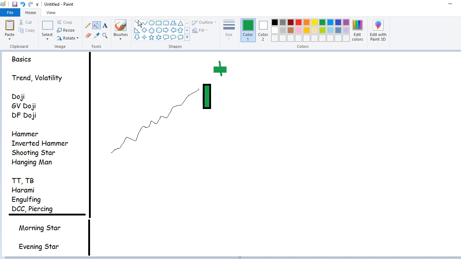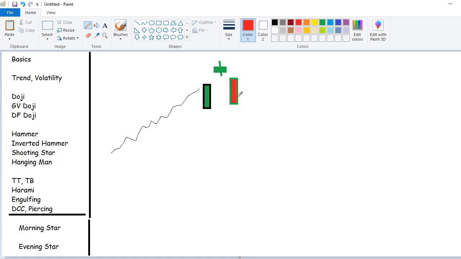One session is over, two sessions are over. Now we are talking about the third candle. In the next session, if there is a gap down and sellers are able to push it down, that means they have started dominating the session. See, in the uptrend, a green candle formed. After that, a small candle with no body or a small body, and then again a gap down open, and there is a red candle.